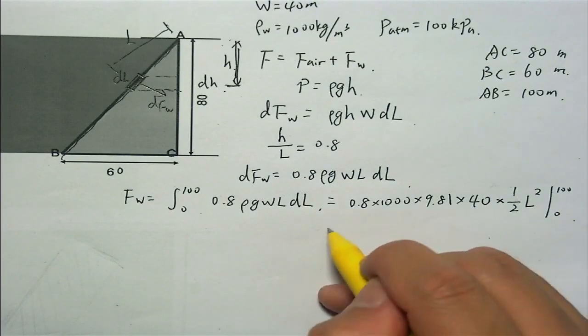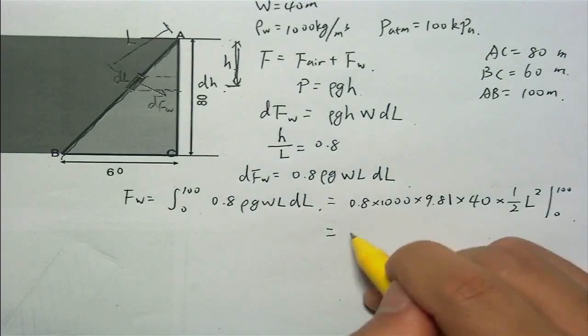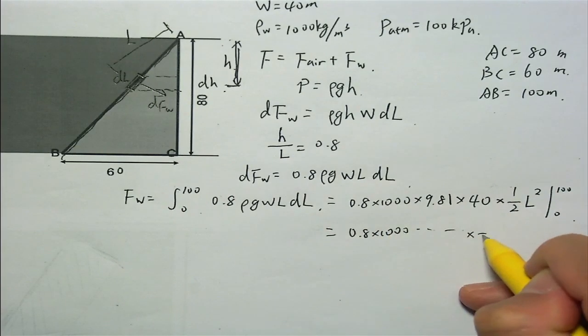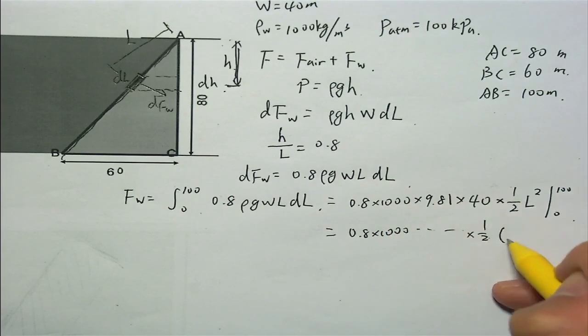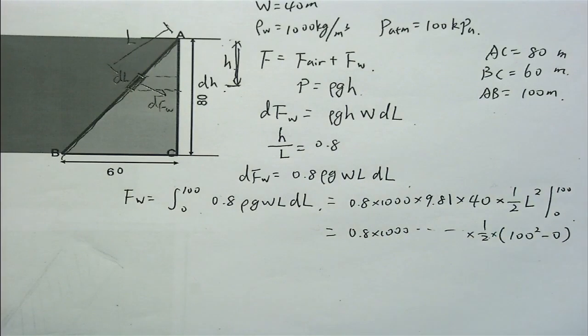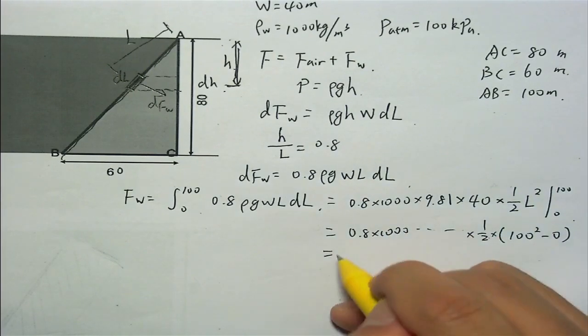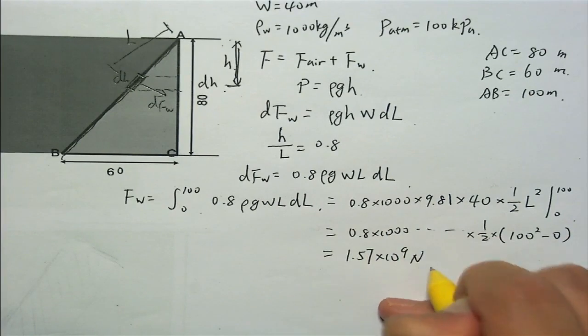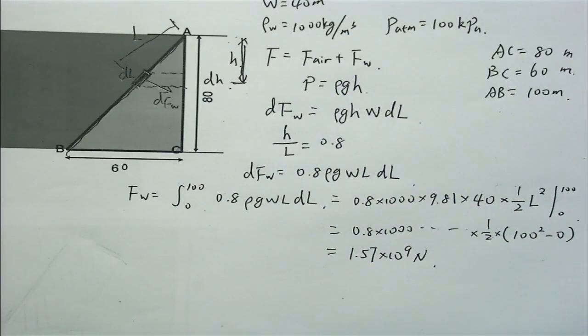So we do the integration. Here is 0.8 multiplied by 100 squared minus 0, and finally got 1.57 here. So we could do the integration and calculate the force.